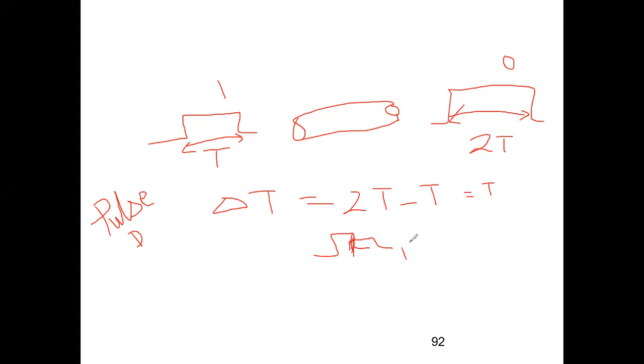ISI should not be there, because if ISI is present, I cannot make out whether that pulse is 1 or 0. So here, please write down the formula. Bit rate, which I am writing as BT, is less than or equal to 1/2T.